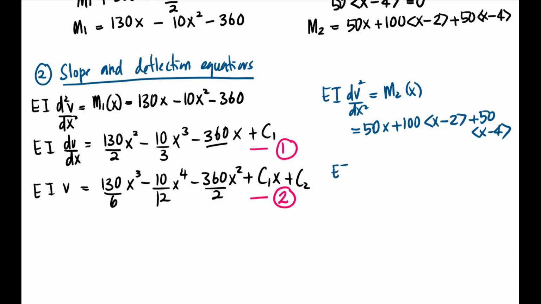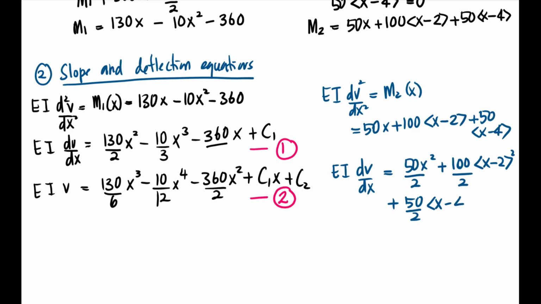So differentiate: 50x² divided by 2 plus 100 times (x minus 2)² divided by 2 plus 50 divided by 2 times (x minus 4)² plus C3. Then we integrate again.